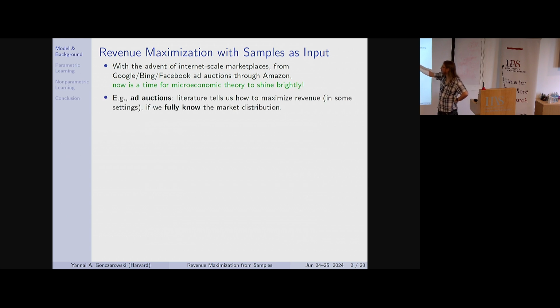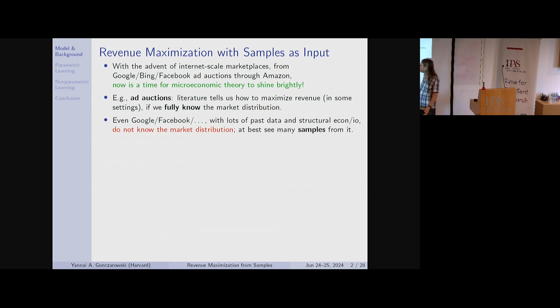Because if you take a look at the ad auctions, these are the auctions that you see on a web page when it loads or after you search for something on Google, the ads that you see there, the literature tells us exactly how to maximize revenue, at least in some settings, if we fully know the market distribution. If we have a perfect prior over the buyers, the searchers, the people who browse the web.